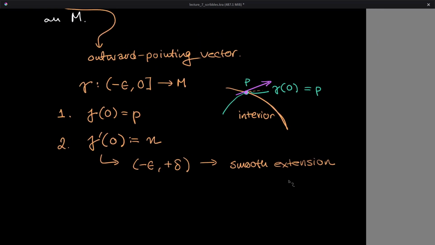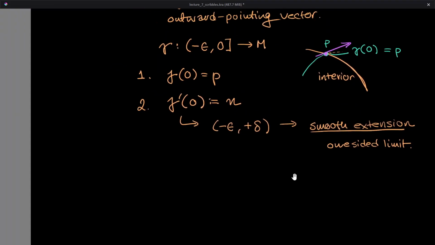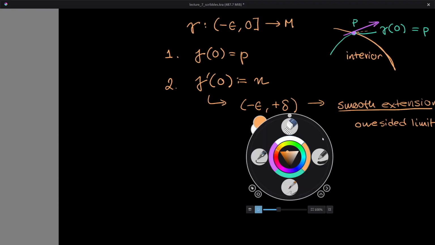You could also think of it as a one-sided limit, which could also inform you. The smooth extension is basically a unique extension of this curve that allows us to define a derivative. If it were any other curve, it would bend slightly, and therefore there would be no possible derivative to define over there. So we make this smooth extension, and that's how we define gamma prime of 0.